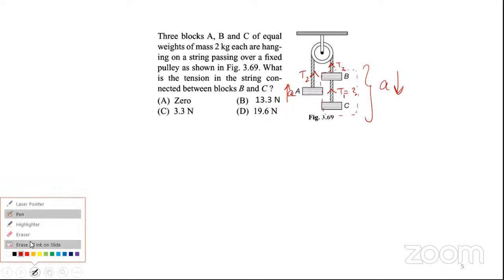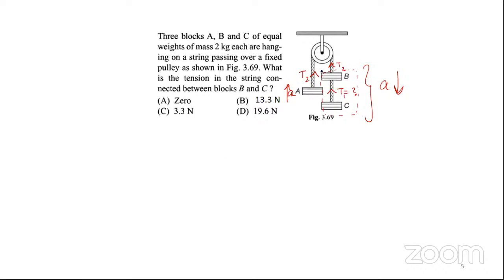This system, because it is moving together. If I take this as one system, then I can eliminate T1 from that relation. So I can get two equations for these two different blocks.